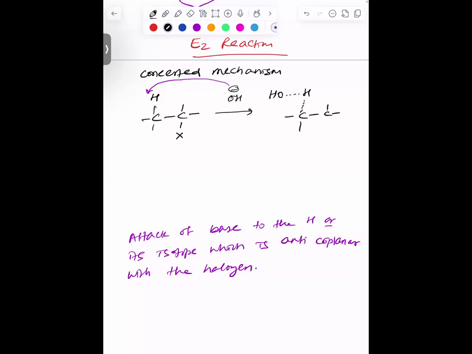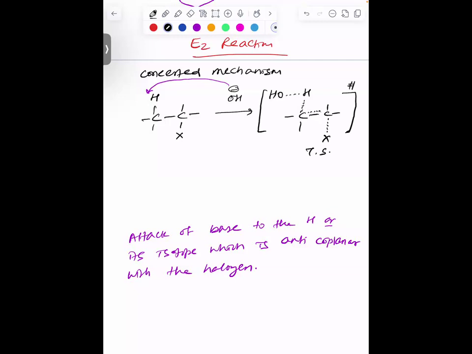Bond formation is taking place between two carbon atoms, and bond dissociation is taking place between carbon and halogen. So all are taking place simultaneously.